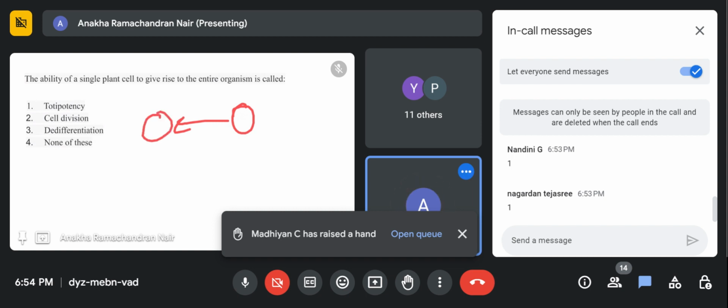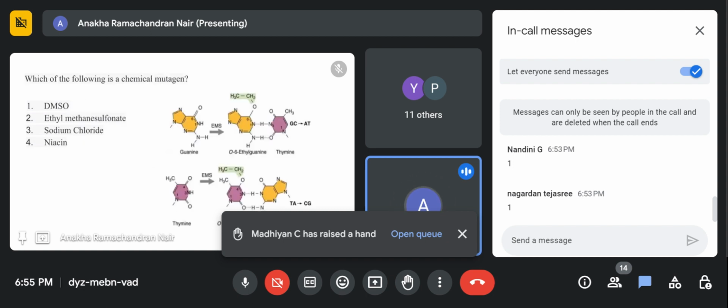So this is differentiated and this is de-differentiated. That is what happens when you form a callus from mature cells. And this can be re-differentiated to form a new type of cell, or because they're totipotent, a completely new plant. And none of these is also not the correct answer. So let's move on to the next question.